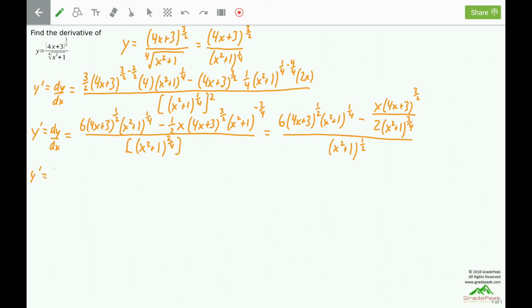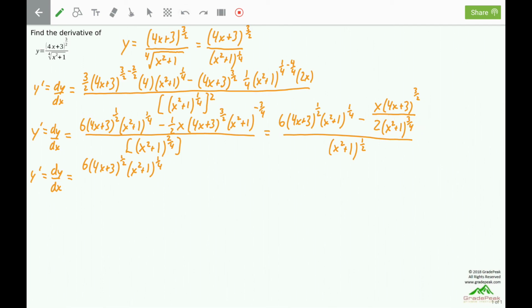So y prime, or dy dx, is going to equal, we have the 6 times the (4x plus 3) to the 1/2 power. We have the (x squared plus 1) to the 1/4 power. And the common denominator is going to be the denominator in the fraction, since we don't have a denominator for this other term. So that is the common denominator.